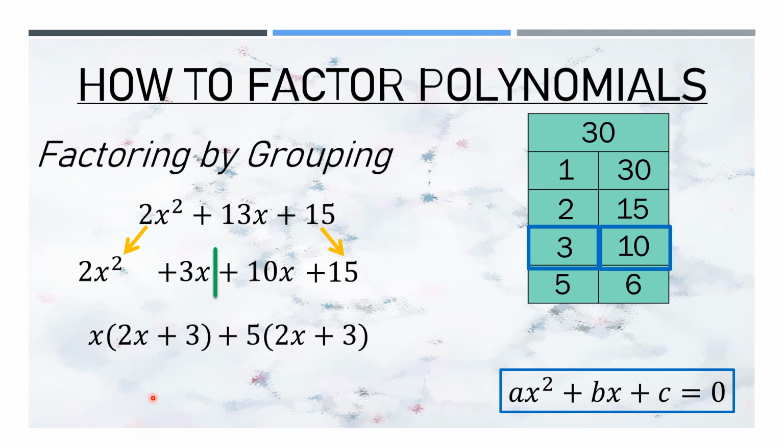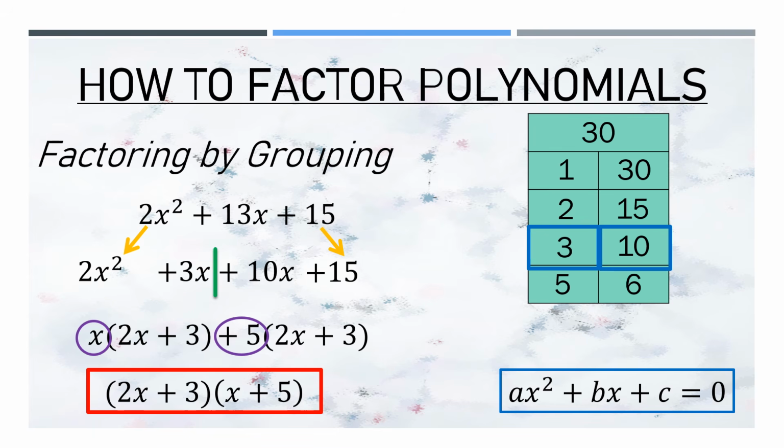Yun yung ilalagay natin sa final answer. And then, pagsasamahin lang natin or pagtatabihin lang natin ang x at ang positive 5. So, the final answer or the factors of 2x squared plus 13x plus 15 is 2x plus 3 and x plus 5.